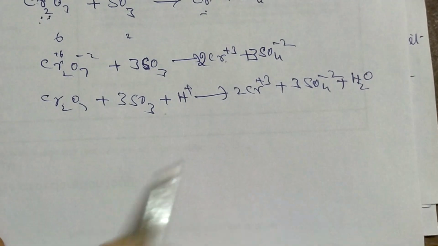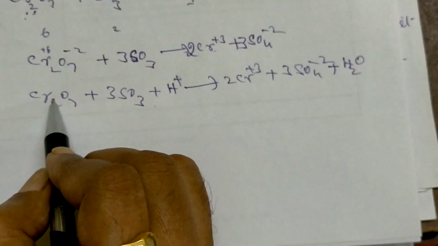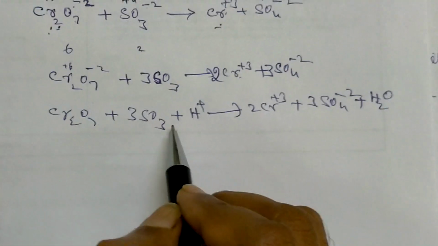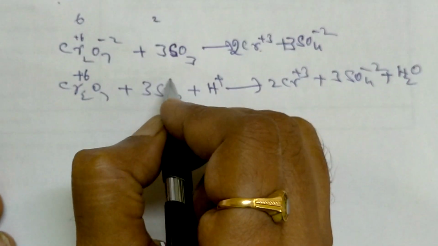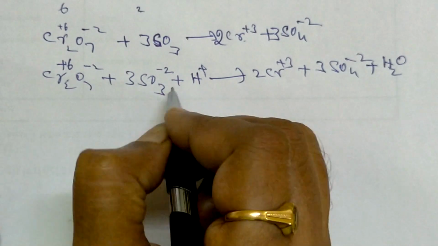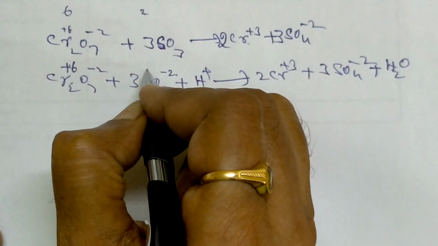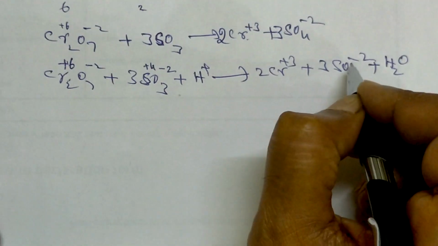Now, H2O. How many charges are changed from this side to this side? This is plus 6, this is plus 3, this is minus 2, this is minus 2, this is plus 4, this is plus 4.